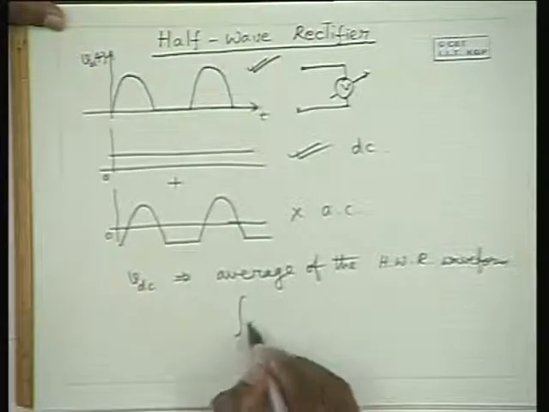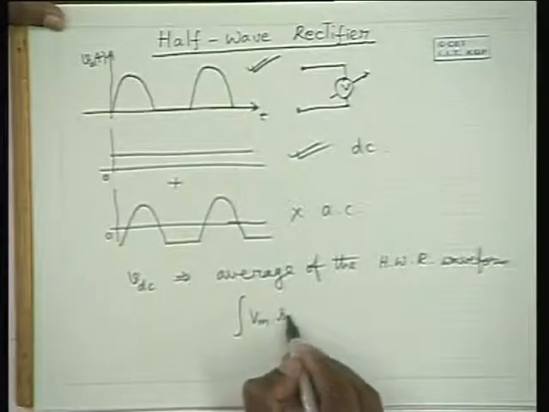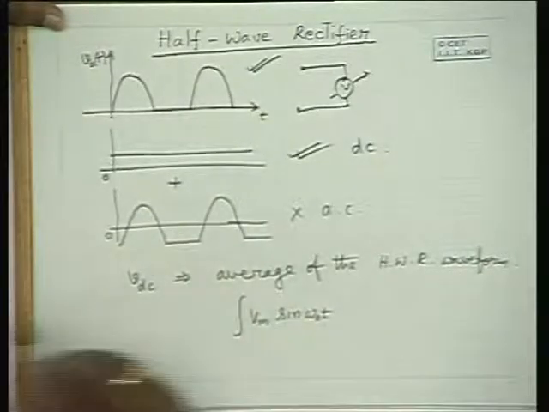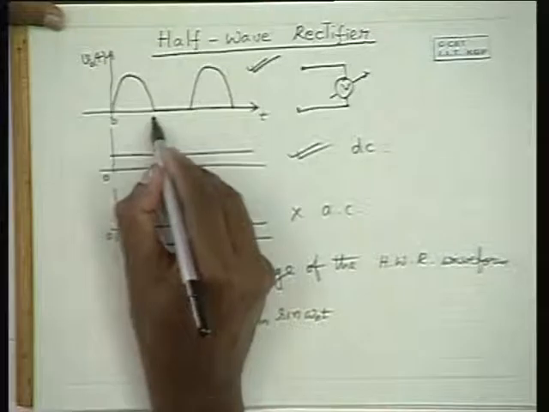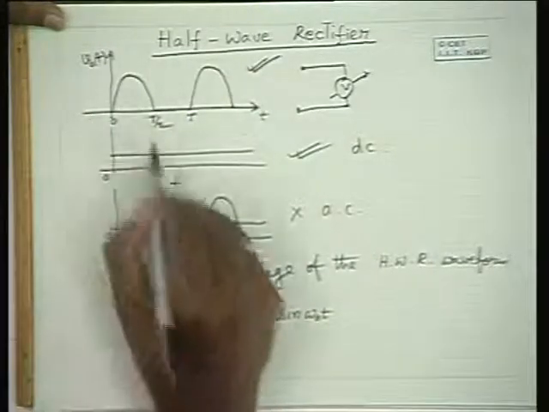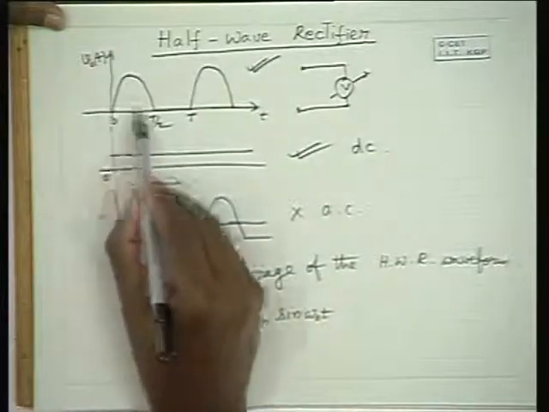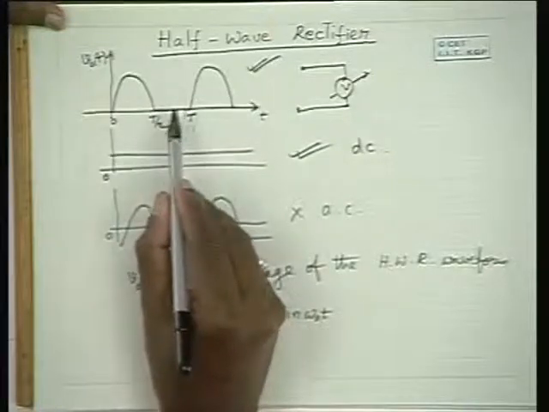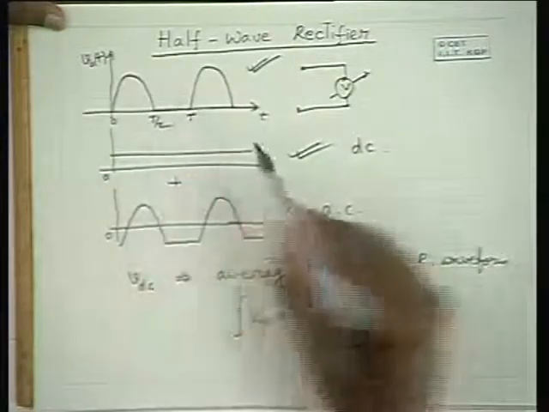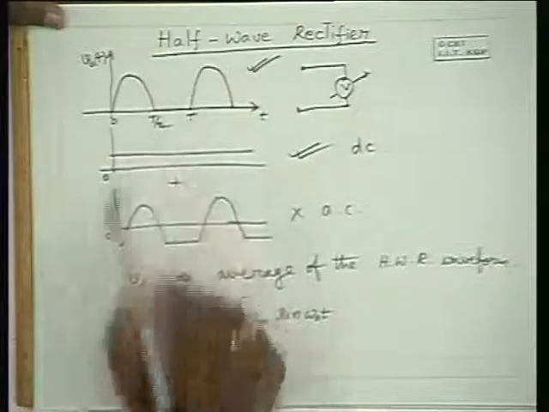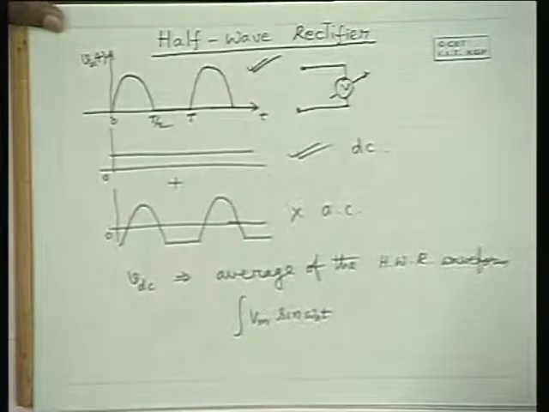You integrate the voltage Vm sin omega 0 t over a period, where for every full cycle you have one half cycle present, and the average over one cycle is equal to the average over two cycles, or over any integral number of cycles. So let us find the average of the waveform within one cycle.